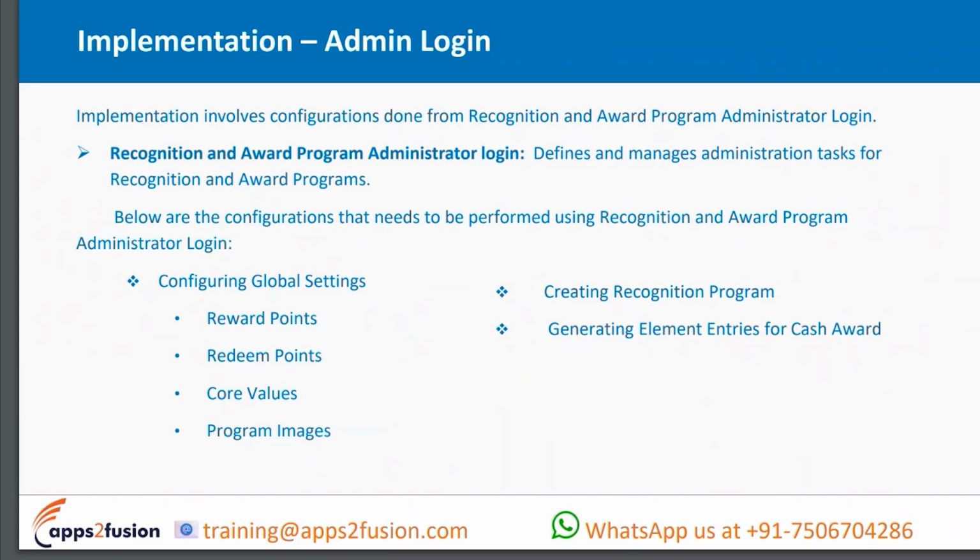And next, creating a recognition program. First we do the setup, and then we create a recognition program. With this setup process, I'm going to create a custom recognition from the reward points, redeem points, and core values I've created.